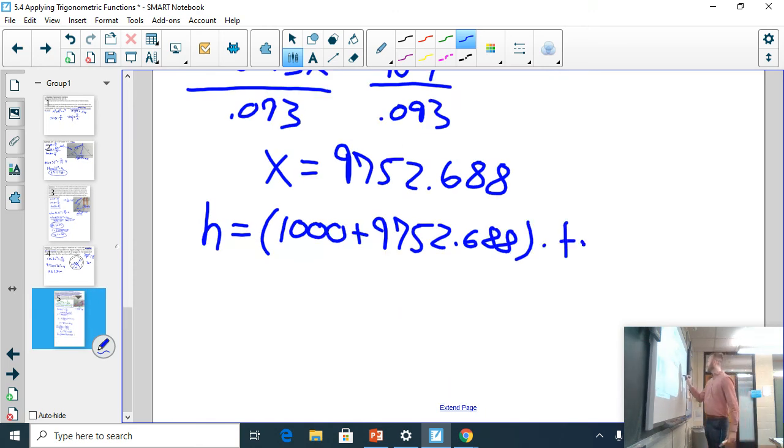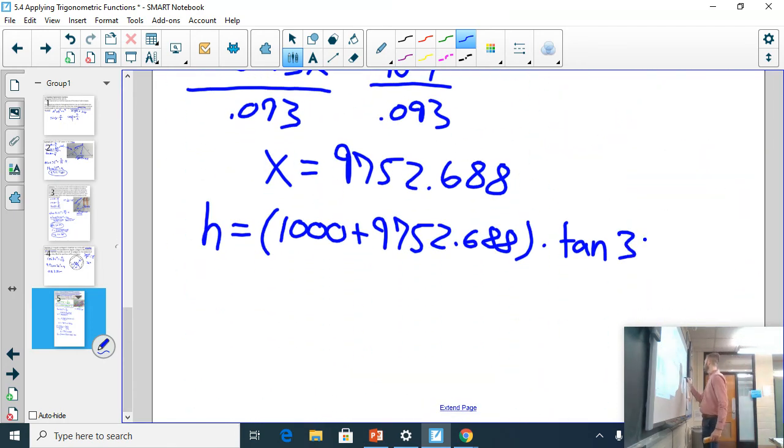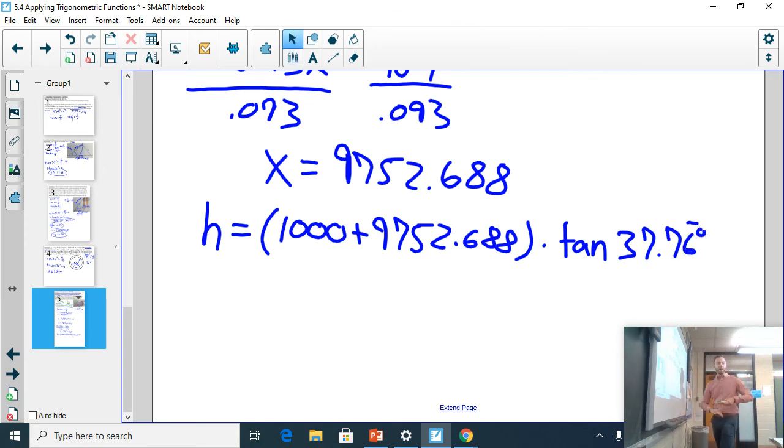times the tangent of, was it 37 degrees? Yeah, 37.76 repeating degrees. And again, that's just another thing to type into your calculator, right?